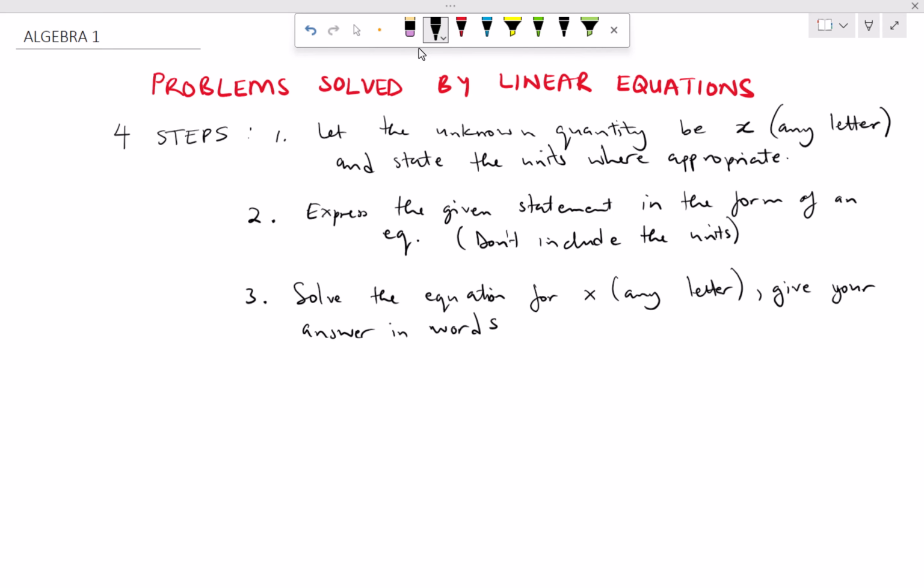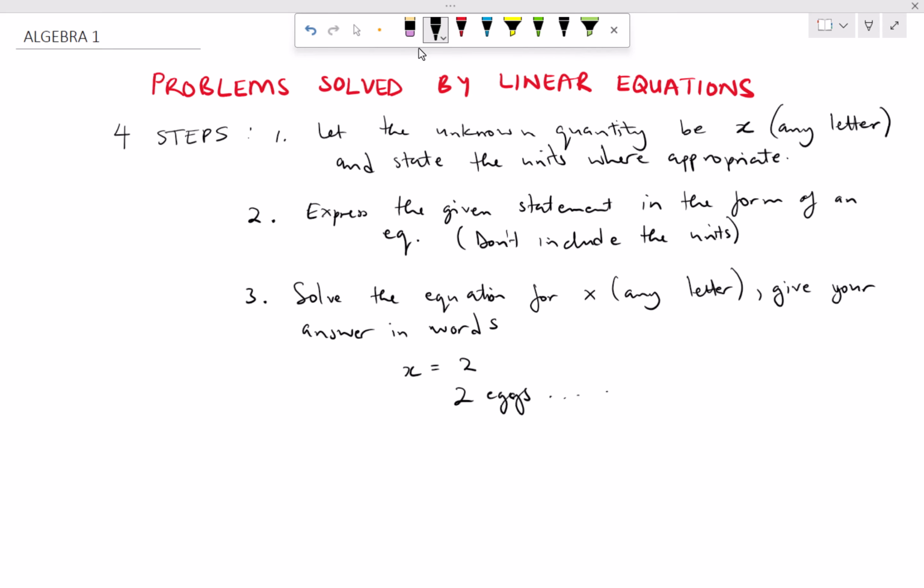So you don't just finish your answer as x is equal to 2, because the question may be, say, how many eggs were bought, and yes, you would have solved it and found x is equal to 2, but that is not what the question is asking for. So you say 2 eggs were bought.